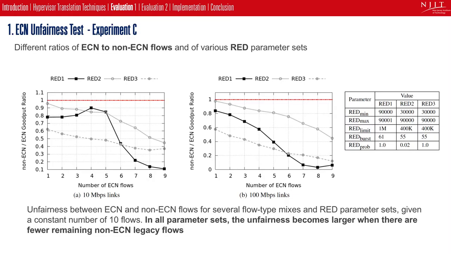This experiment illustrates how for all tested parameter sets, introducing even a small number of ECN flows into the mixture breaks fairness between ECN and non-ECN flows. Moreover, when there is only one non-ECN flow left out of the 10 flows, its throughput is almost 45% of the throughput of the ECN flows.